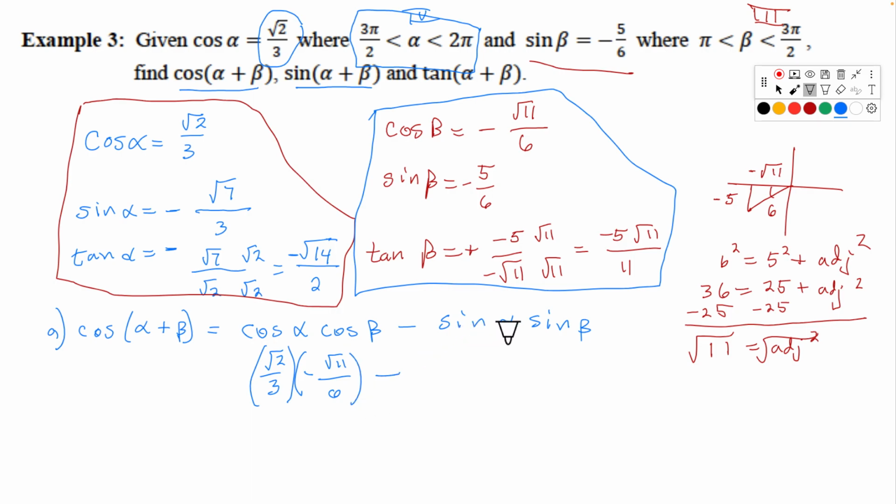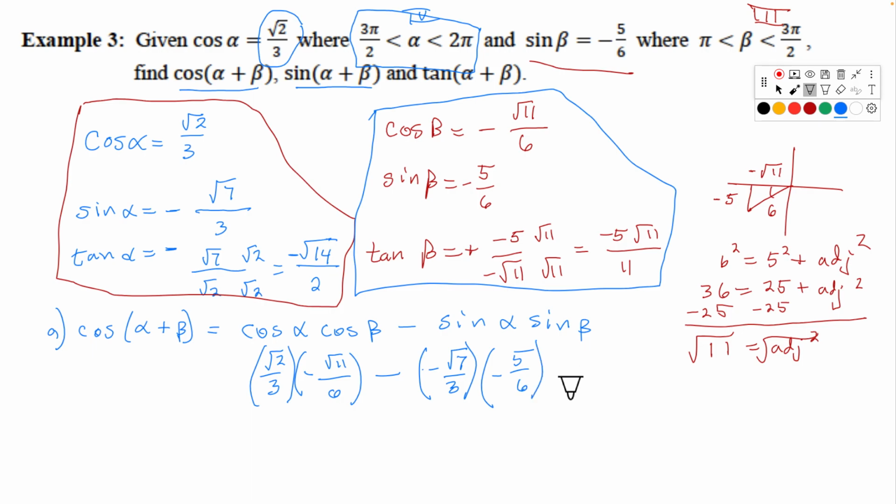Minus, then we go with our sine. Sine of alpha is negative square root of 7 over 3. And sine of beta, I come over here, is just negative 5 over 6.